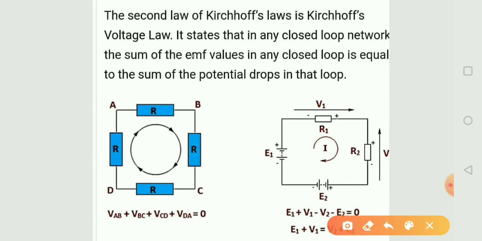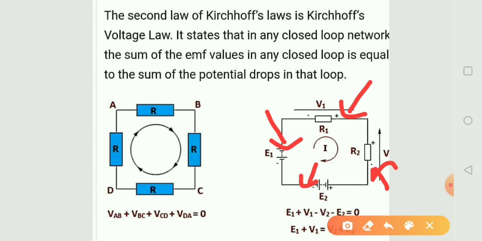For this circuit, if we apply KVL, we take the potential of this terminal, then it is necessary that we take the potential of this terminal of all elements.